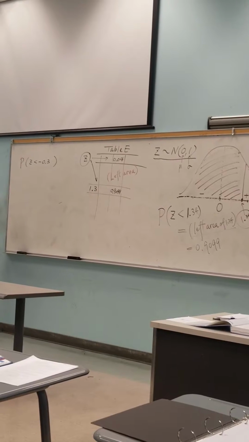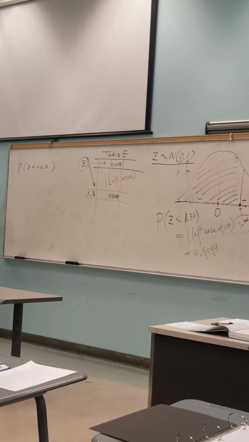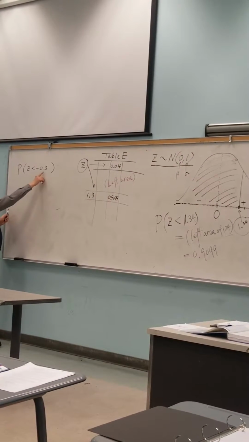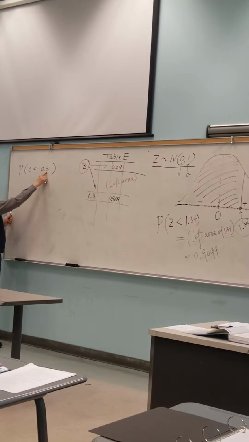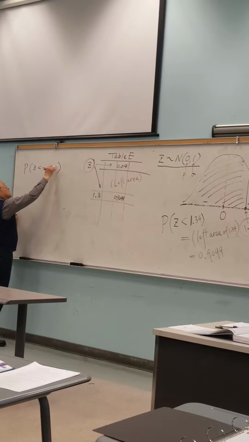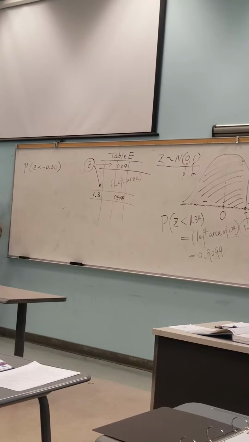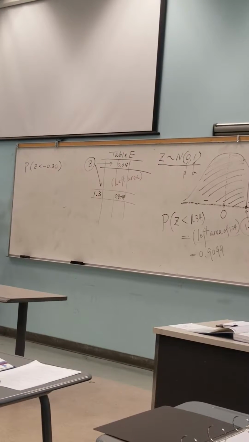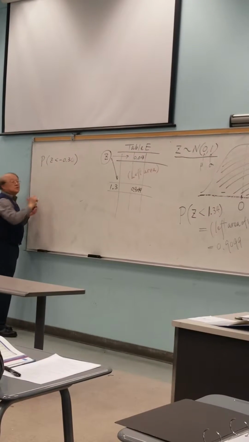When you use the table, every z-score carries 2 decimal places. If the question contains only 1 decimal place, you can purposely add a 0. 0.3, 0.30, same, right?